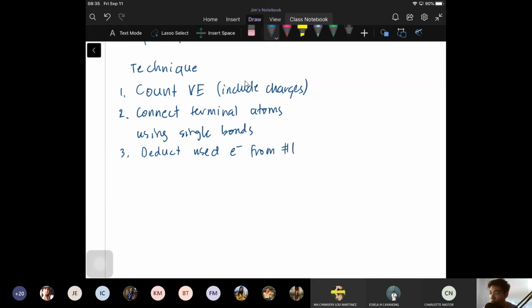Again, when you connect the terminal atoms to the central atom, you use electrons, di ba? Two electrons per bond. So, pag kunwari gumamit ka ng 5 bonds, edi you subtract 10 electrons from your valence electrons.